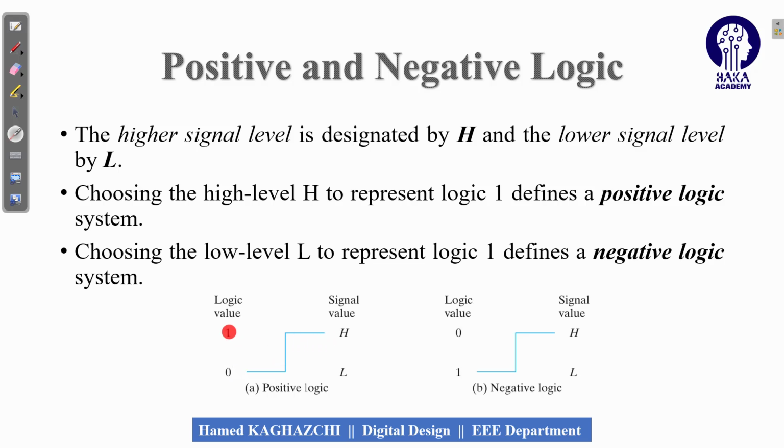But we can have another type of logic, which is called the negative logic. In the negative logic, we say the low level is considered as 1 and high level is considered as 0. So in this case, we can convert all of the concepts that we have learned up to now from the positive logic to the negative logic.